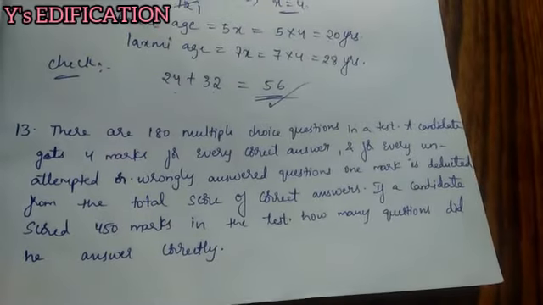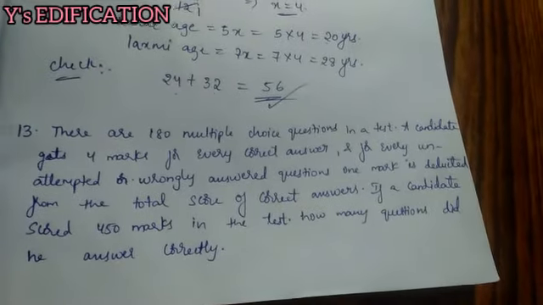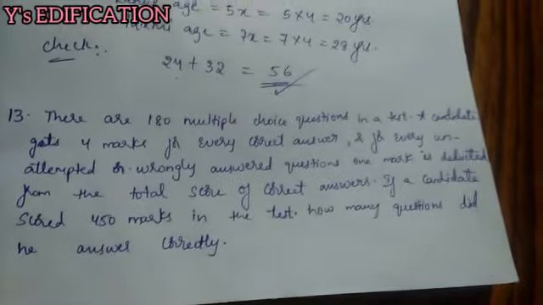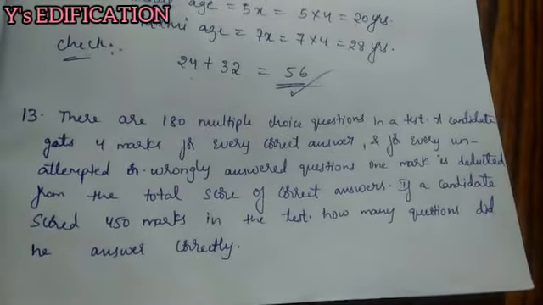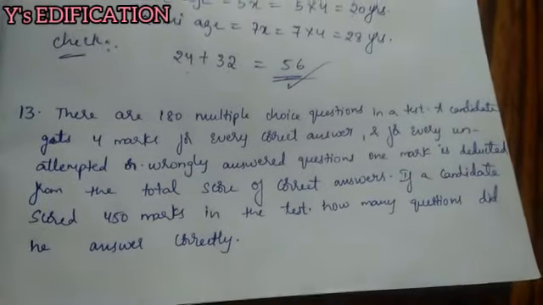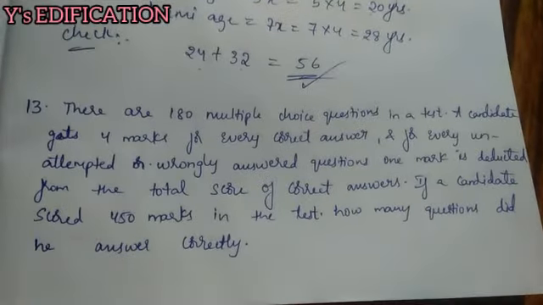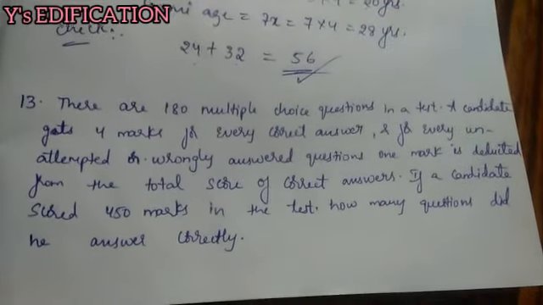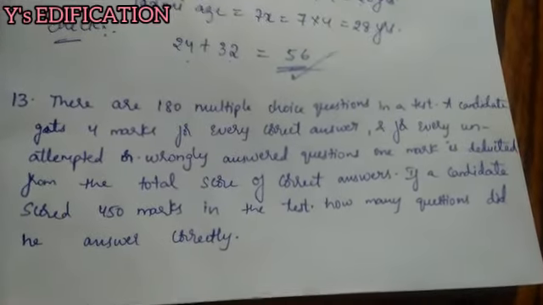That means 1 mark will be reduced from the correct answers. And the candidate scored a total of 450 marks in this test. So they are asking how many questions the candidate answered correctly so that he scored 450 marks.